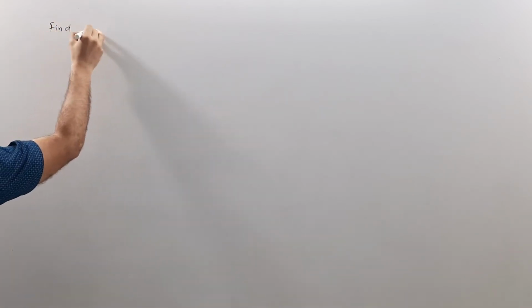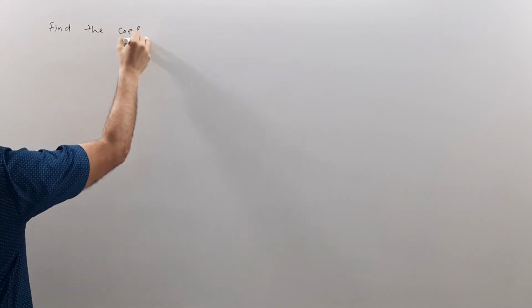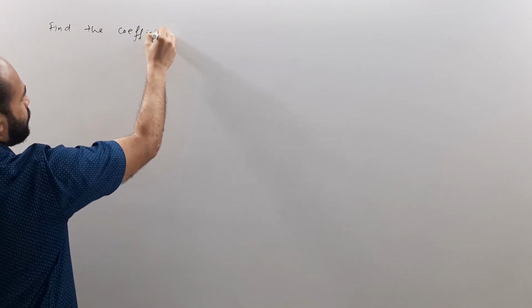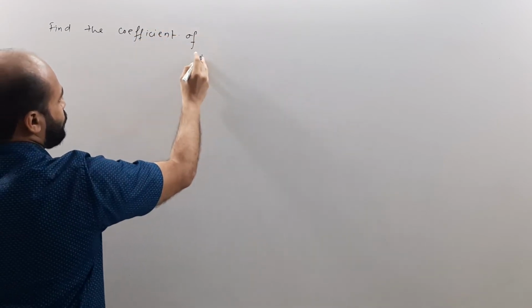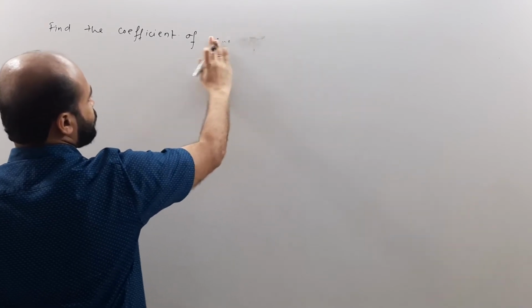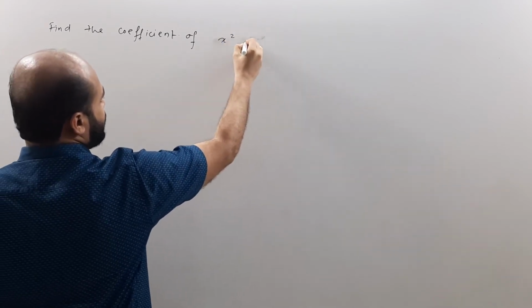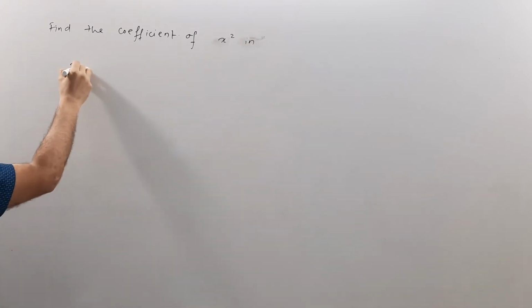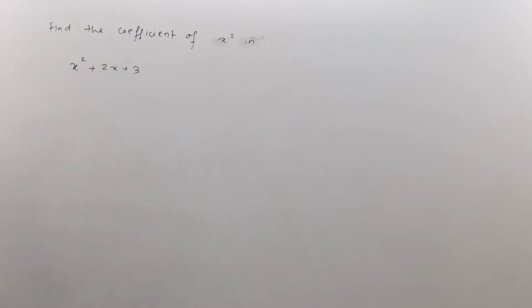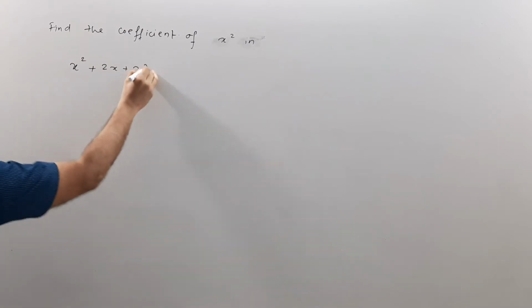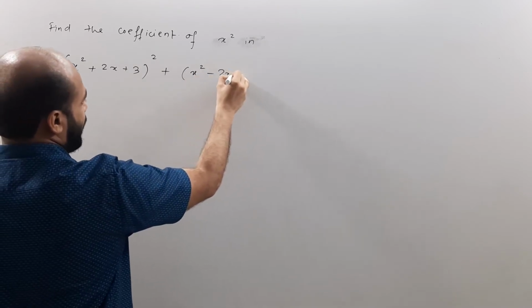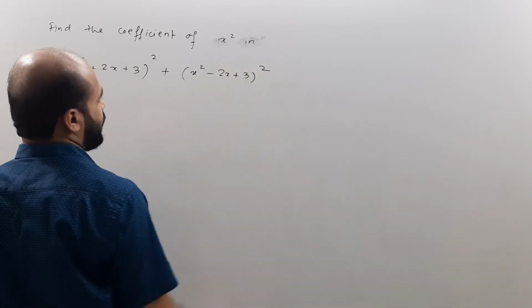Find the coefficient of x square in the expansion of x square plus 2x plus 3 the whole square plus x square minus 2x plus 3 the whole square.